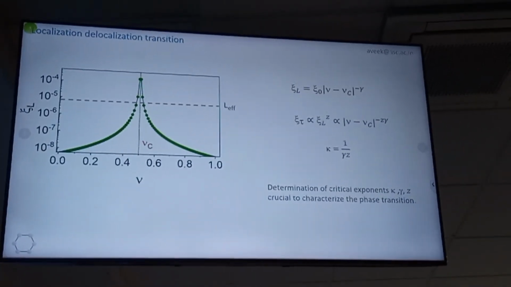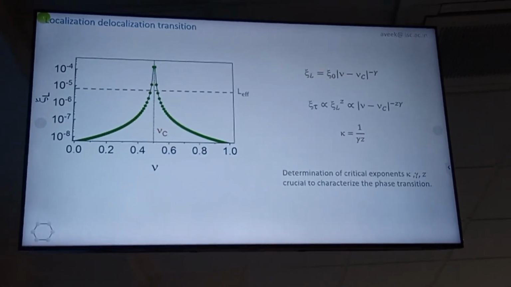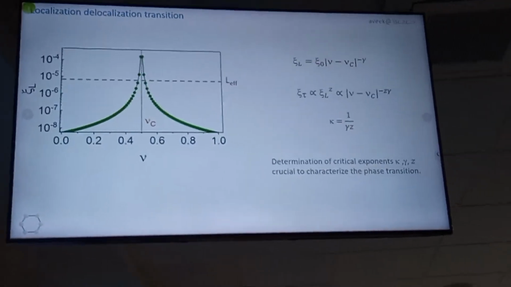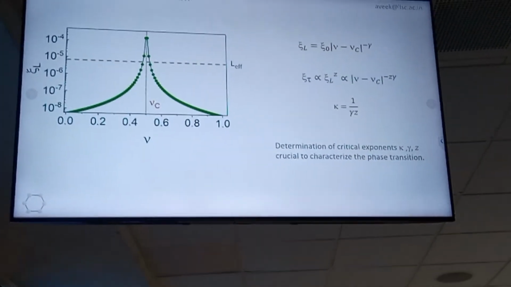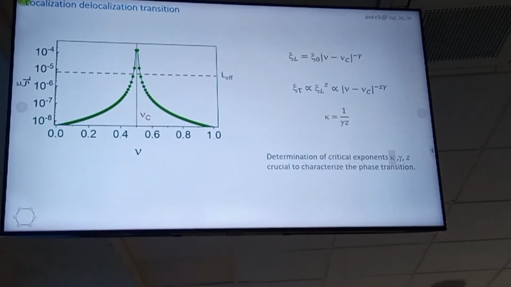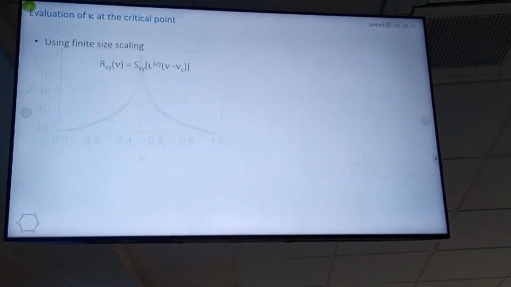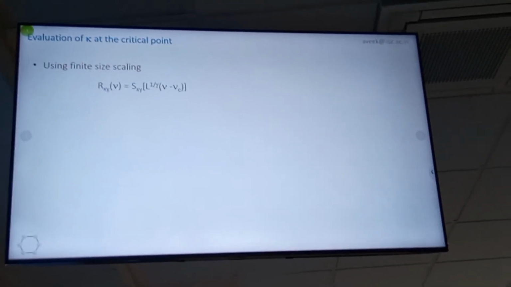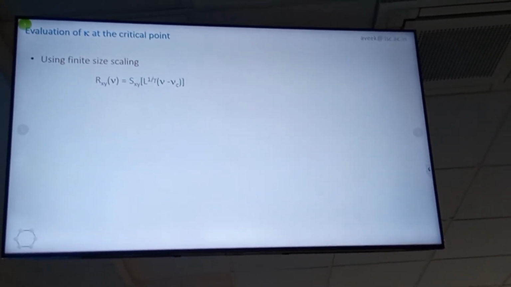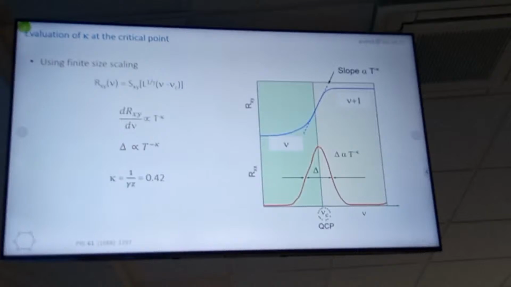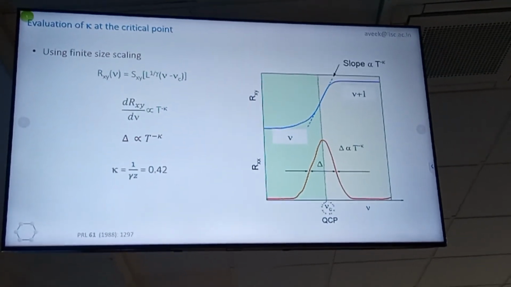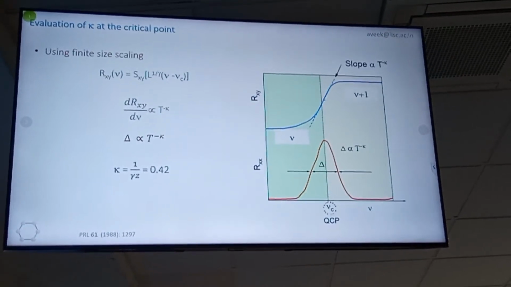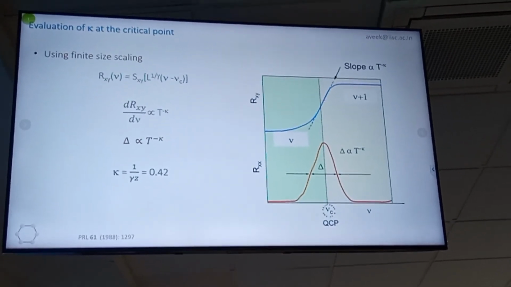Once I know these parameters, I really know whether it is correct to think of the fractional quantum Hall phase as a simple localization-delocalization transition. So how do we do that? Well, you try to do a finite-size scaling analysis. I will not go into the details of this. You take the Rxy, do a scaling analysis, and you can show that the derivative of Rxy goes as T to the power minus kappa, where kappa is your scaling dimension.